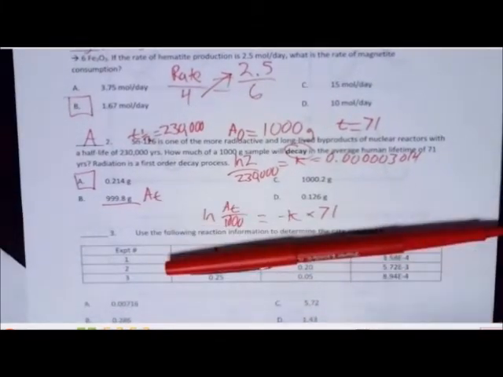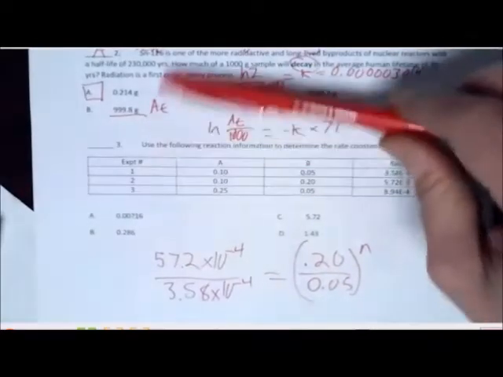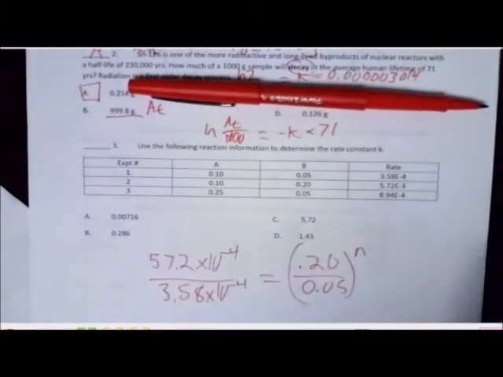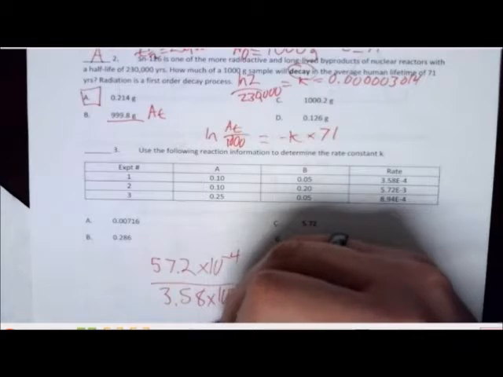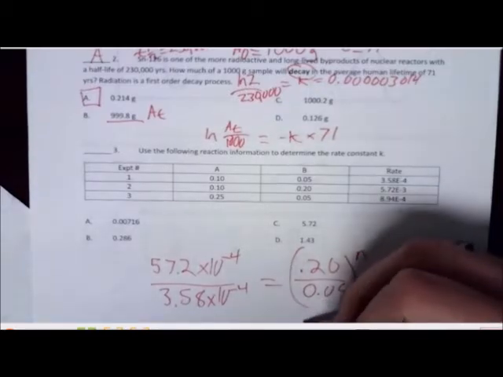I'm simplifying a lot of steps here. I turned this into the same units because it's 5.72 times 10 to the negative third. So 57.2 divided by 3.58, it's gone up by a factor of about 16. 0.2 divided by 0.05 goes up by a factor of 4.